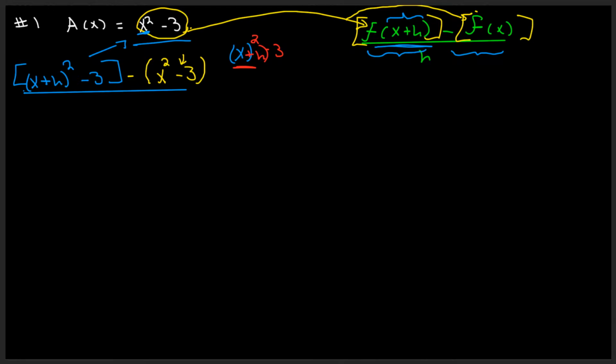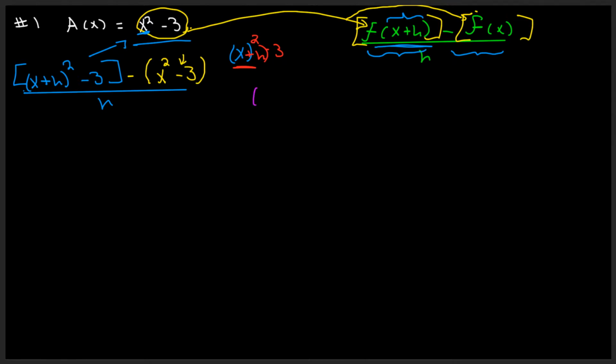So let's move on. Begin by distributing, oh sorry, I forgot my h here. Begin by distributing your square of x plus h. So what is x plus h squared?